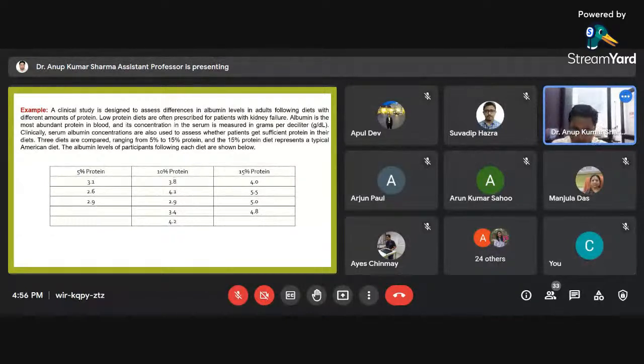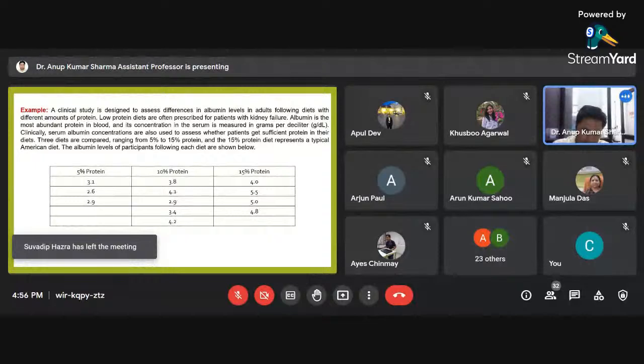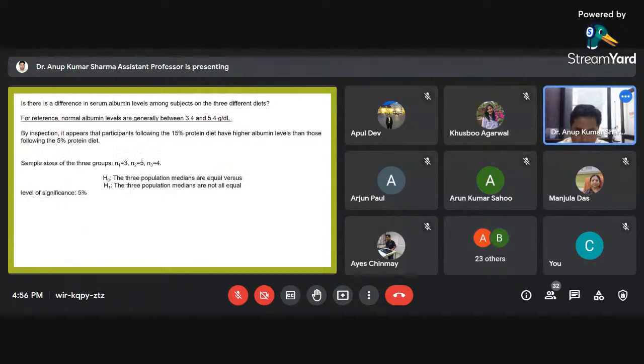For 10%, there are 5 people with these albumin levels, and 15% is high protein, with 4 people having these albumin levels. The question is: is there a difference in serum albumin levels among subjects on the 3 different diets? If we implement these 3 diets to patients, what effect do we see, is the albumin level reduced or not? That's it.